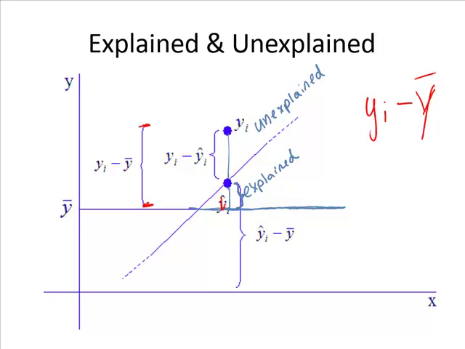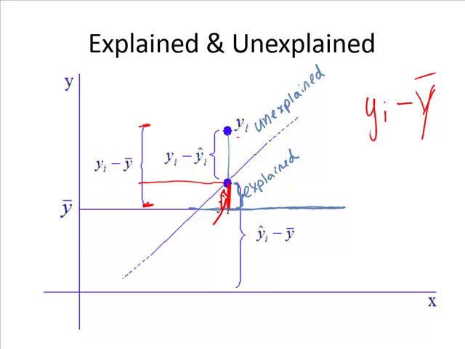So here we have our y hat. We've predicted y. We've used our equation to predict y. This gap here is explained by the variable that we introduced.